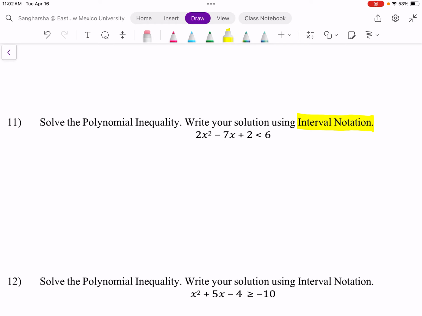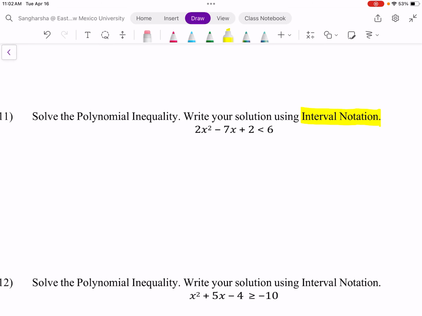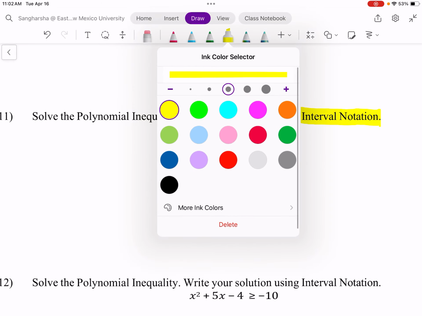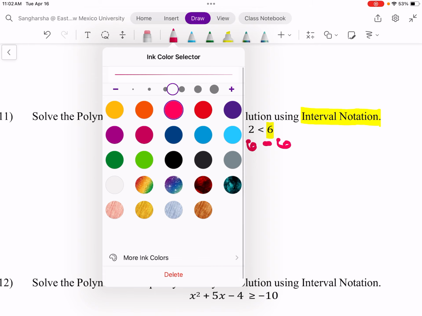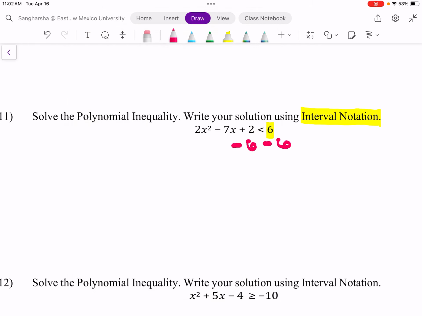So it's going to be easy for us to make 0 on the right side, right? And how do we make 0 on the right side? We have 6 on the right side. And how do we get rid of this 6? We subtract 6 on both sides. So let's go ahead and subtract 6 on both sides. This is the very first step, okay? You are making one side of your inequality equal to 0.